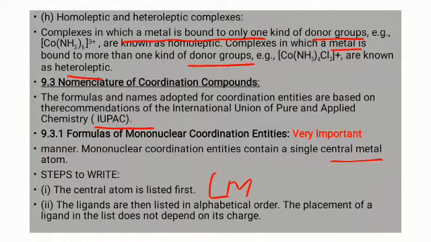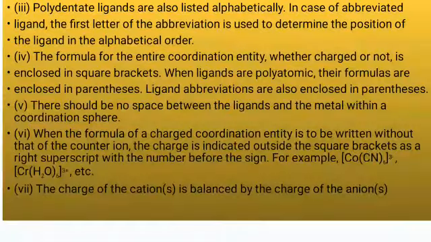The ligands are then listed in alphabetical order, like A, B, C, D. The ligand order in the list does not depend on its charge. Polydentate ligands are also listed alphabetically.